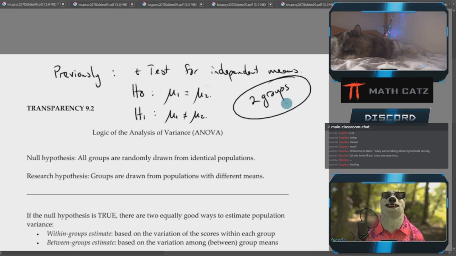I could have more groups. I could have 3, 4, 5 independent groups that I'm testing to see if they are statistically the same, or if they, by way of their means, are significantly different from each other. So the analysis of variance steps in when I have more than two groups.